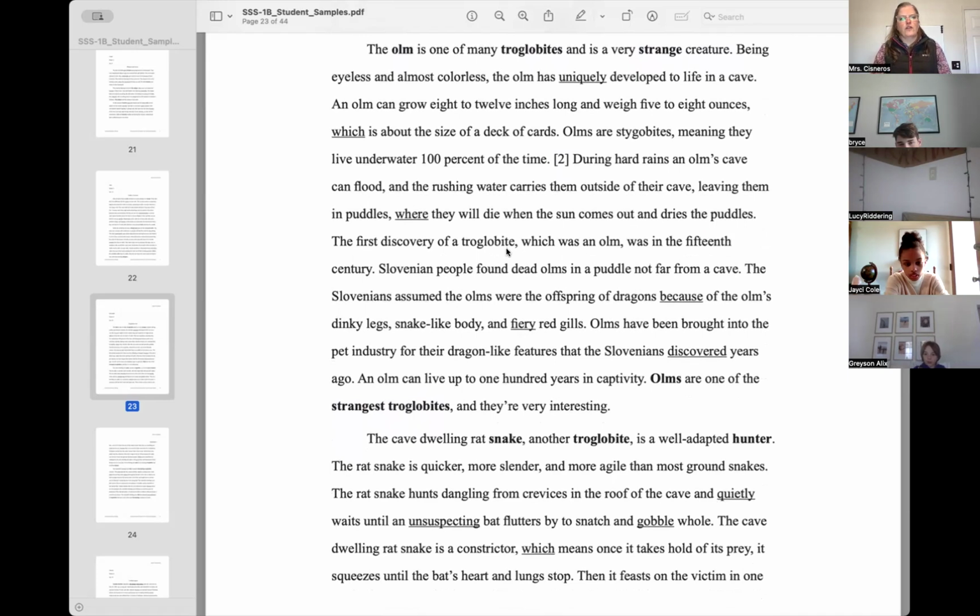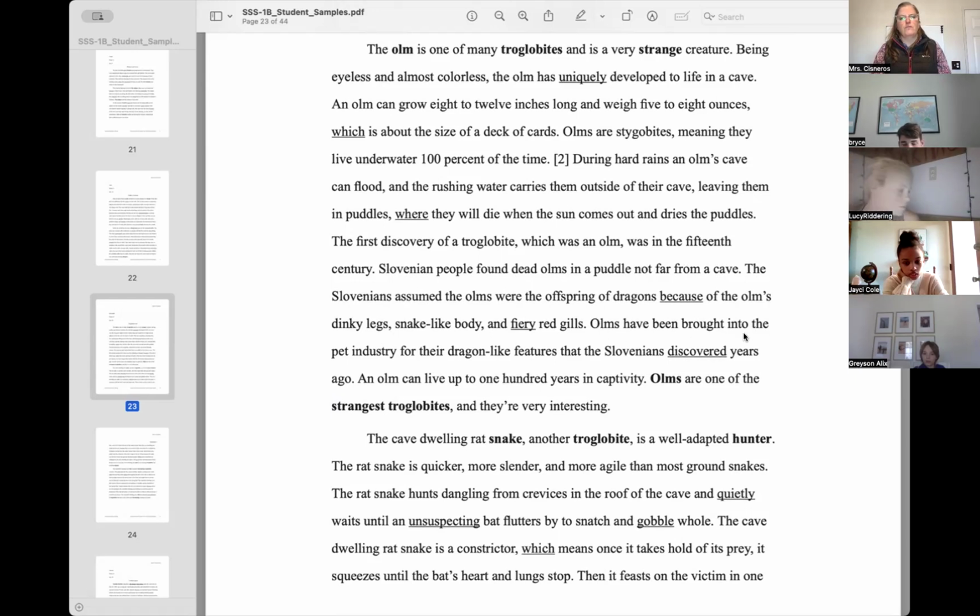The first discovery of a troglobite, which was an olm, was in the 15th century. Slovenian people, that's in Czechoslovakia, Slovenian people found dead olms in a puddle not far from a cave. The Slovenians assumed the olms were the offspring of dragons because of the olm's dinky legs, snake-like body, and fiery red gills.